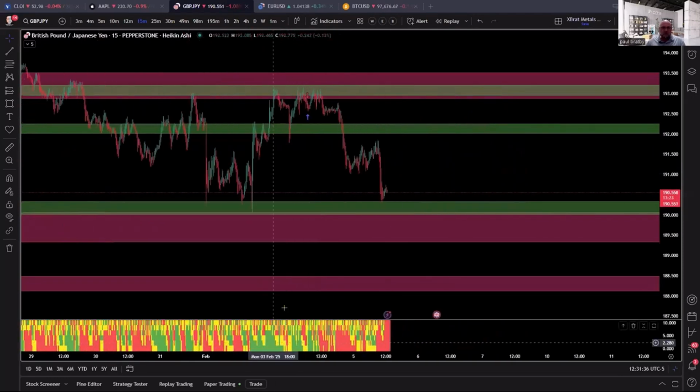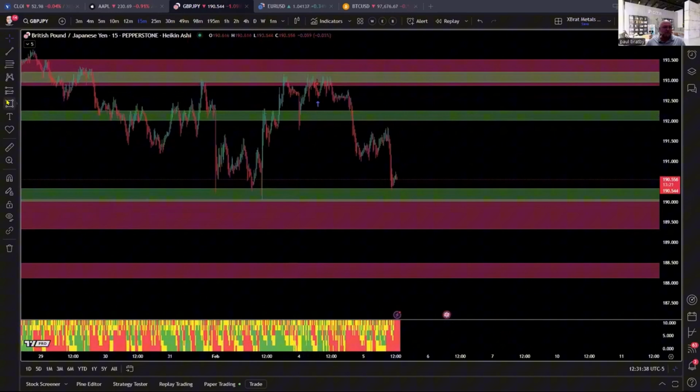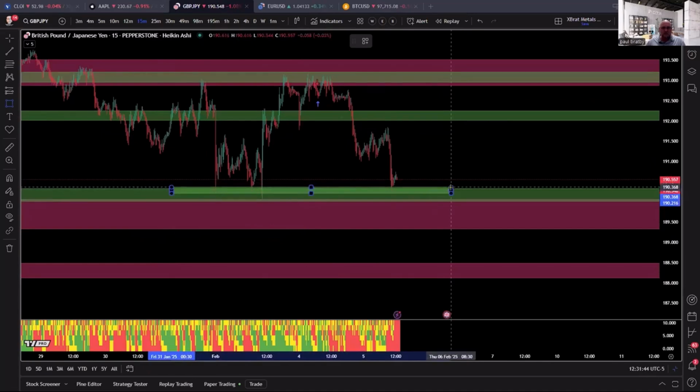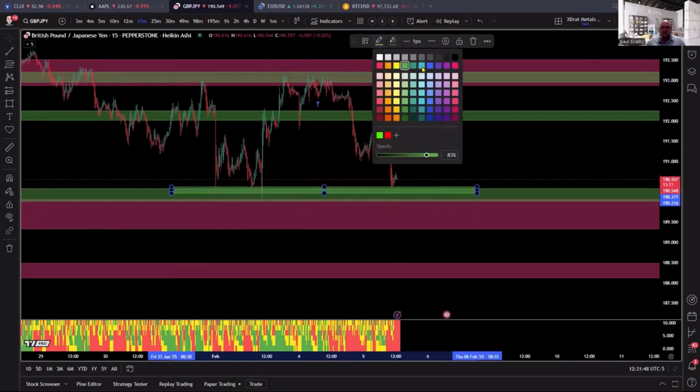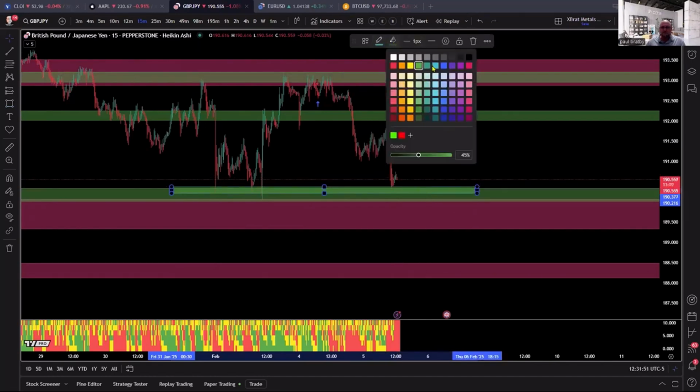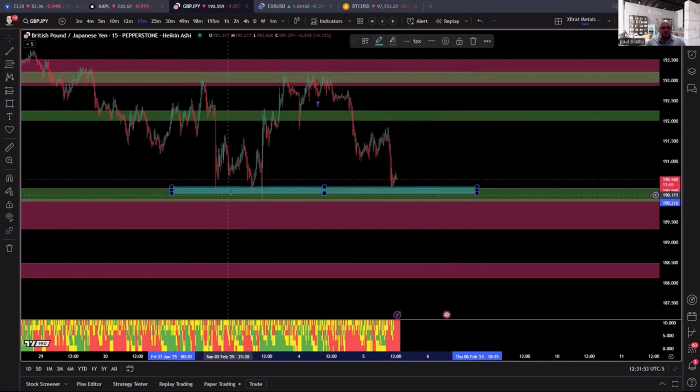So a new 15-minute zone is this here. I'm just going to change the color. I'm looking at these touches here in particular, really granular. That's a good 15-minute zone.